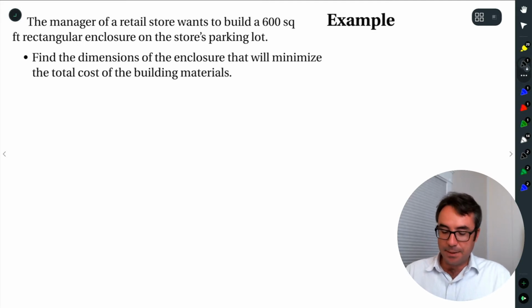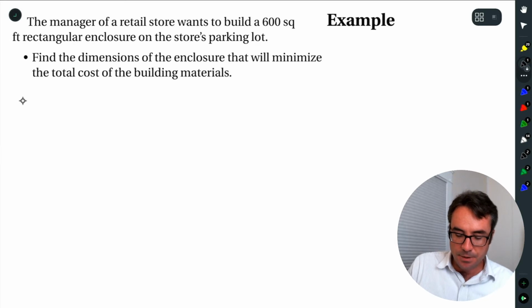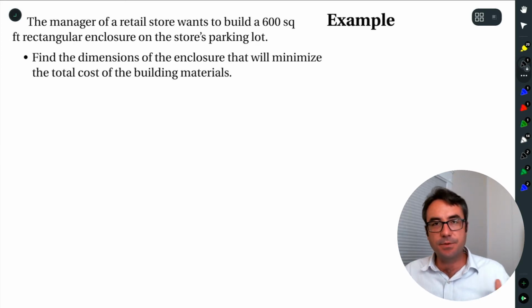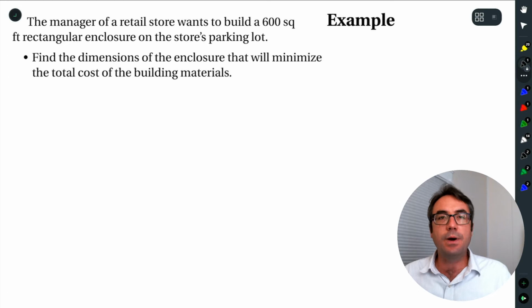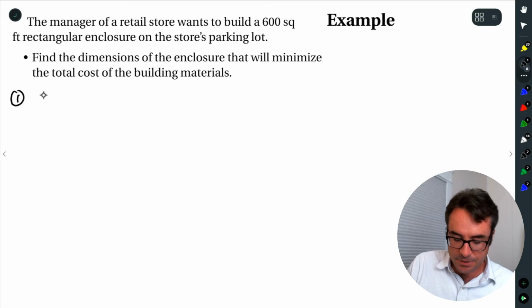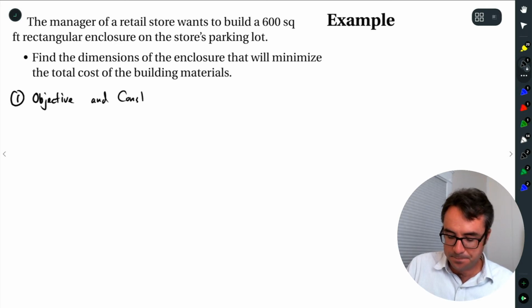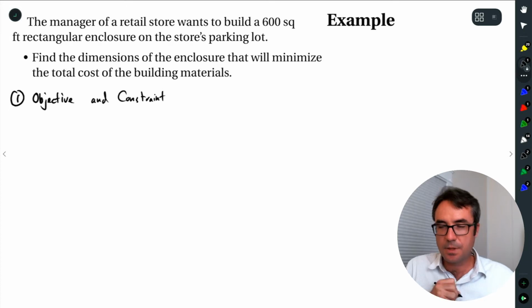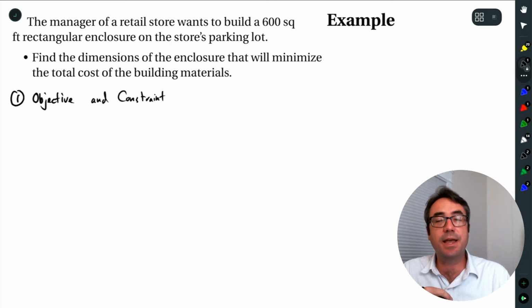So we know for optimization problems, once we have our diagram, once we've started thinking about it, we want to figure out the objective equation or function and the constraint equation. It's kind of our step one. Diagram was step 0. All right, so we want the objective and the constraint.